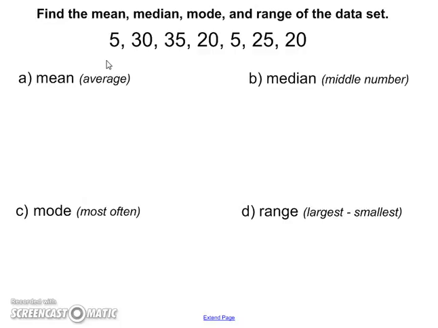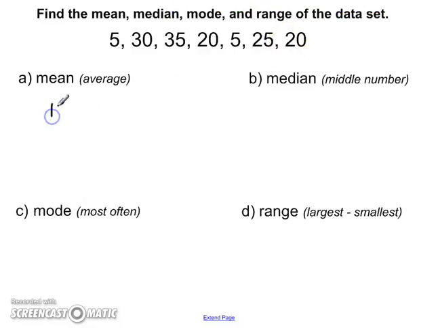Let's start with the mean. The mean is the average of the set. So I go through this and add all of these numbers together: 35, 70, 90, 95, 120, 140.